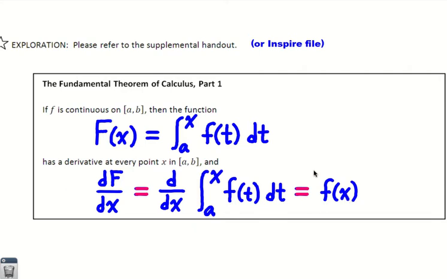It's very heavy-handed, I guess, but essentially it's like saying the derivative of the integral equals the original function.